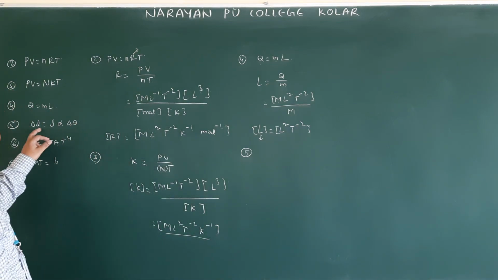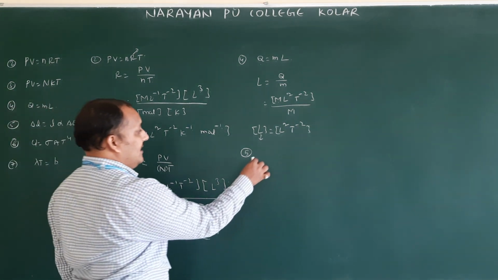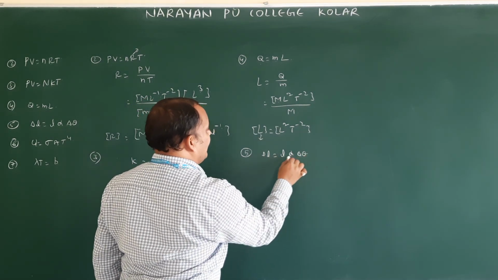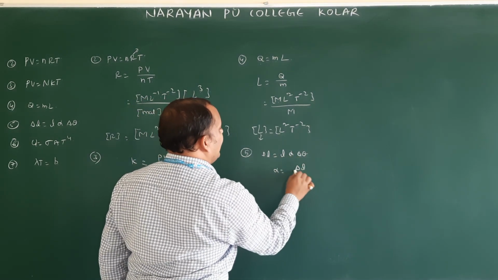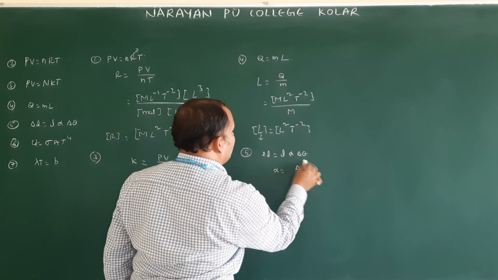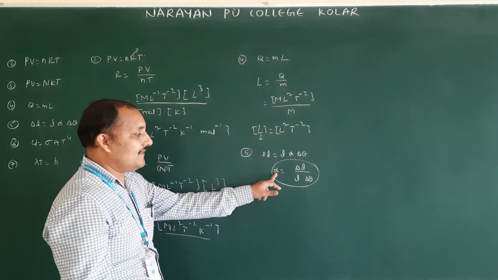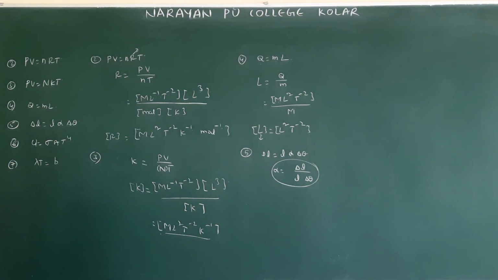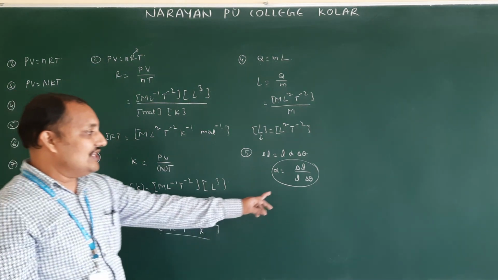Next, delta L is equal to L alpha delta T equation. Delta L is equal to L alpha delta T. Here alpha is equal to delta L by L delta T. So this alpha they are calling the coefficient of linear expansion. Correct? Coefficient of linear expansion alpha, dimension. What is delta theta here? Change in temperature.